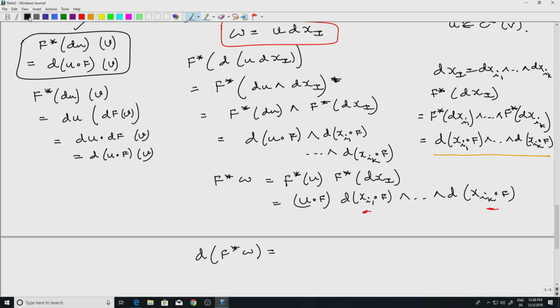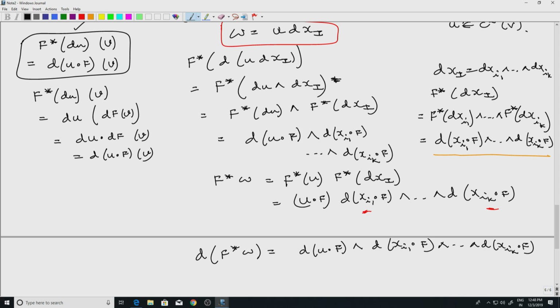So the Leibniz rule gives me just one non-zero term, which is d of u composed with f wedge d of xi1 composed with f and so on.